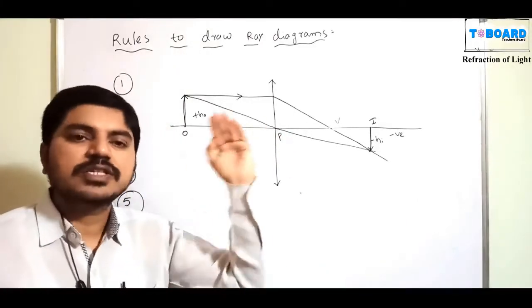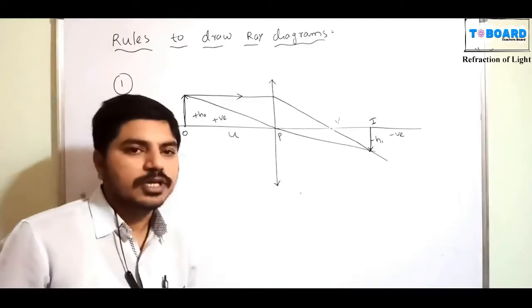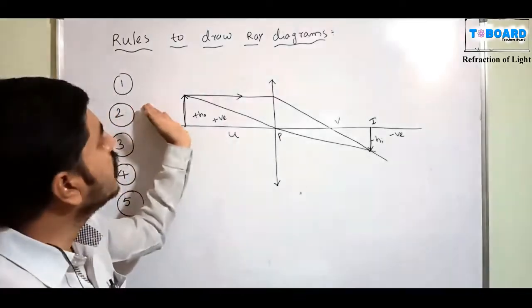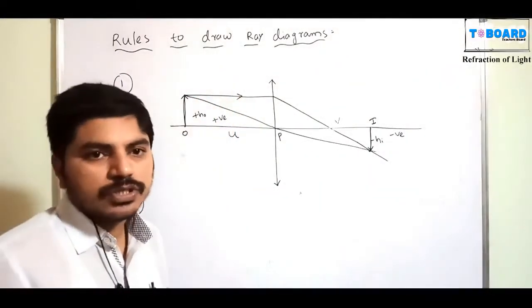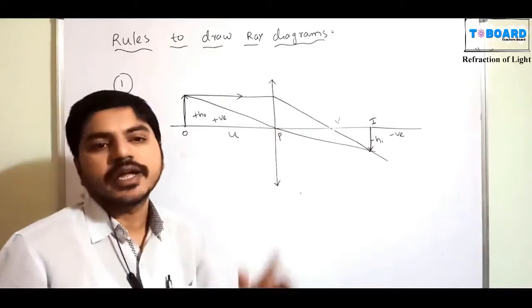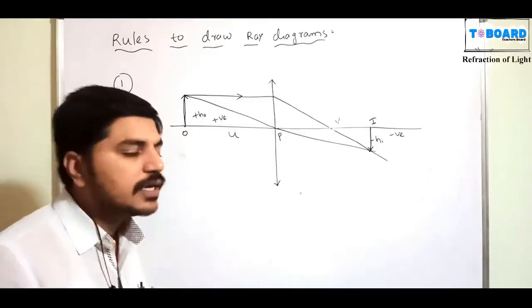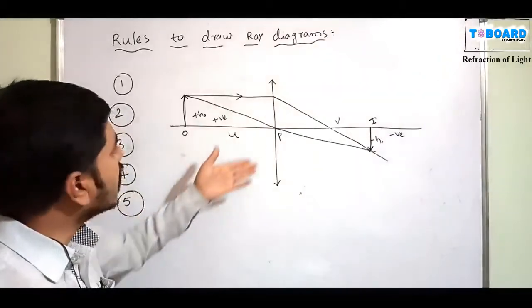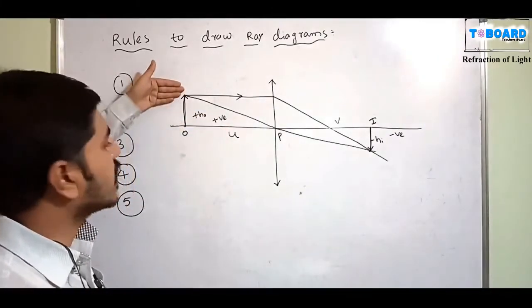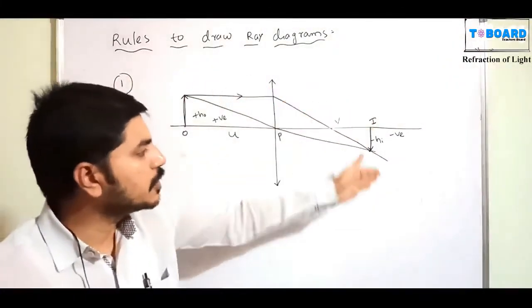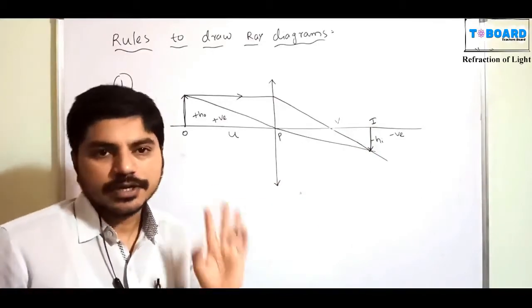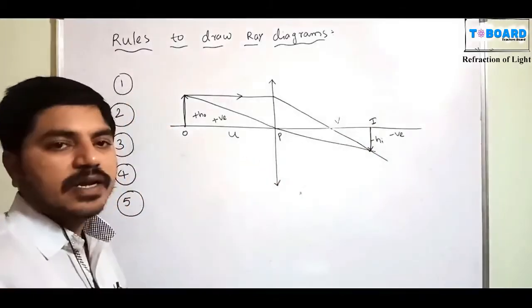Each and every distance is calculated from the optic center only. The incident ray direction is positive and all remaining directions are negative. And the third condition is the same as discussed: above the principal axis is positive and below the principal axis is negative.